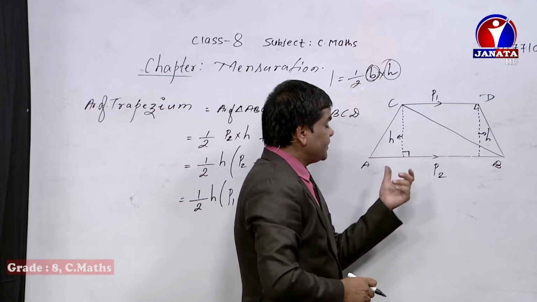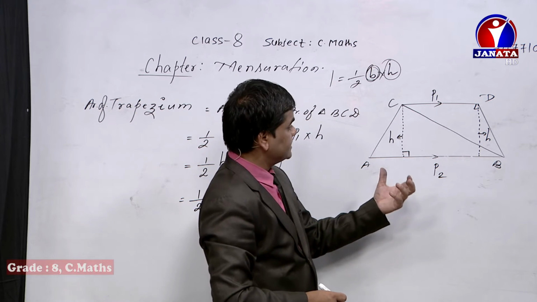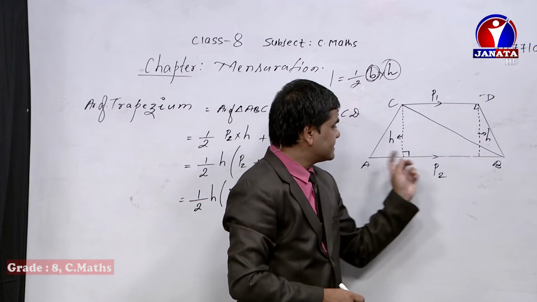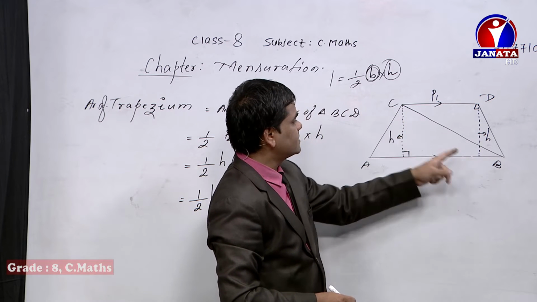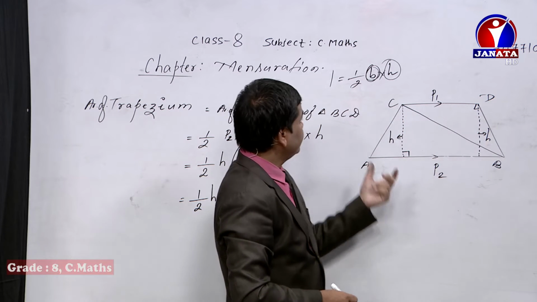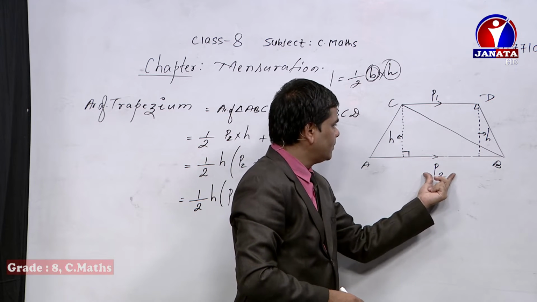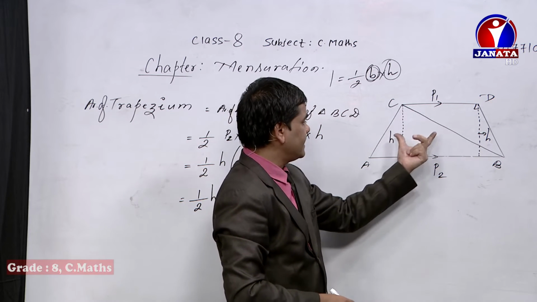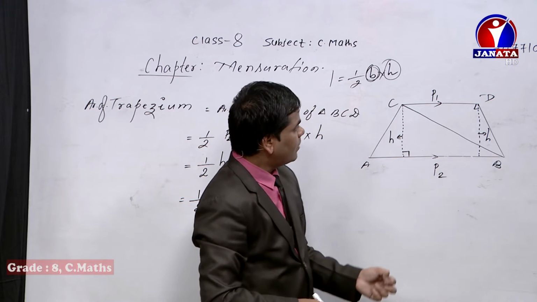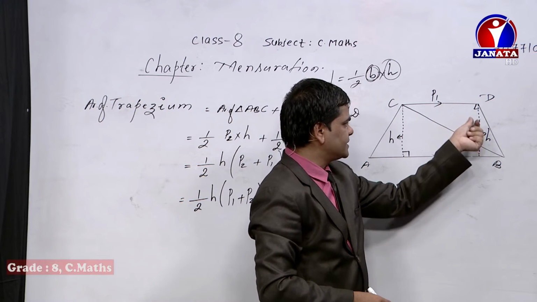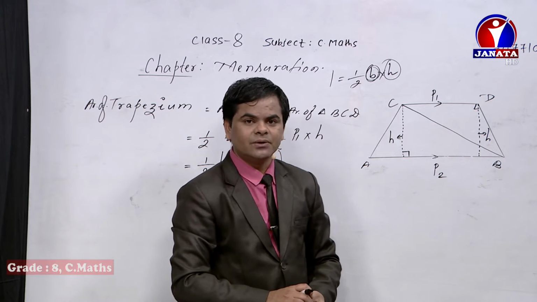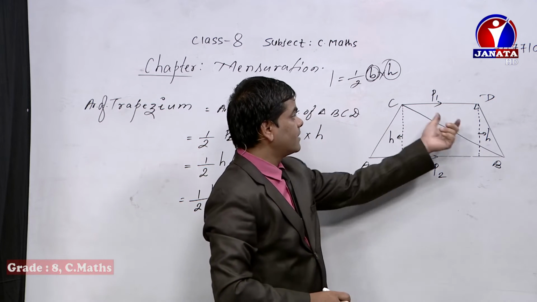Their values are equal because they lie between the two parallel lines. Now if we use the formula simply by separating triangle ABC and triangle BCD, then 1/2 P2 into h will be the area of triangle ABC. Now 1/2 P1 into h, that means 1/2 base into height, will be the area of triangle BCD.